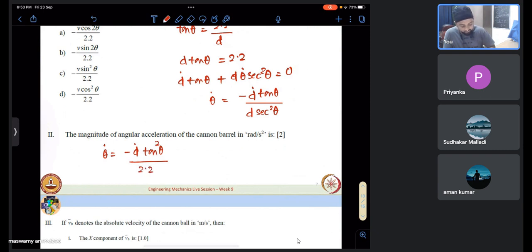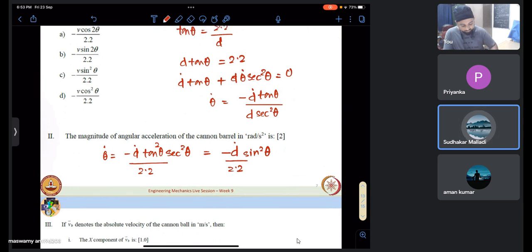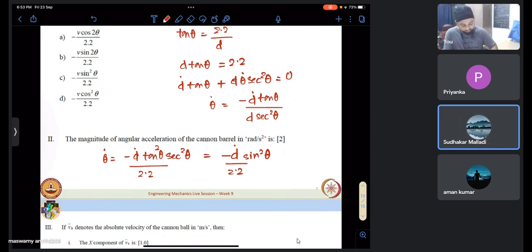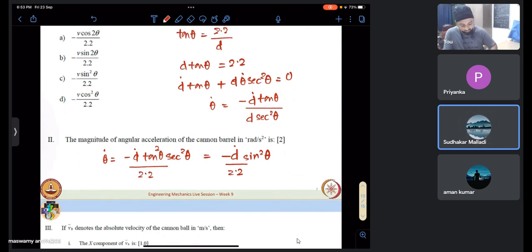So it is tan square theta upon secant square theta, which comes out to sin square theta. Minus d dot upon 2.2 tan square theta upon secant square theta.